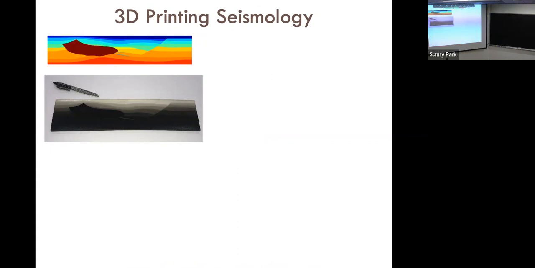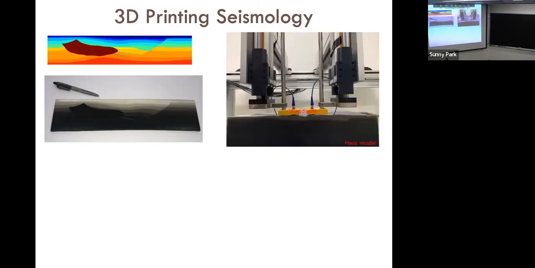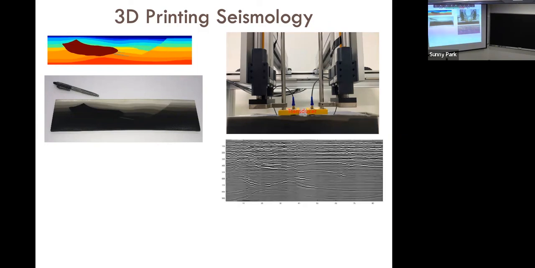This is not just for visualization. It is printed such that these different regions represent the realistic heterogeneity of the structure, so we can do seismic experiments using source and receiver and actually get the record. This would be a completely new way to simulate seismic waves, but in the lab.